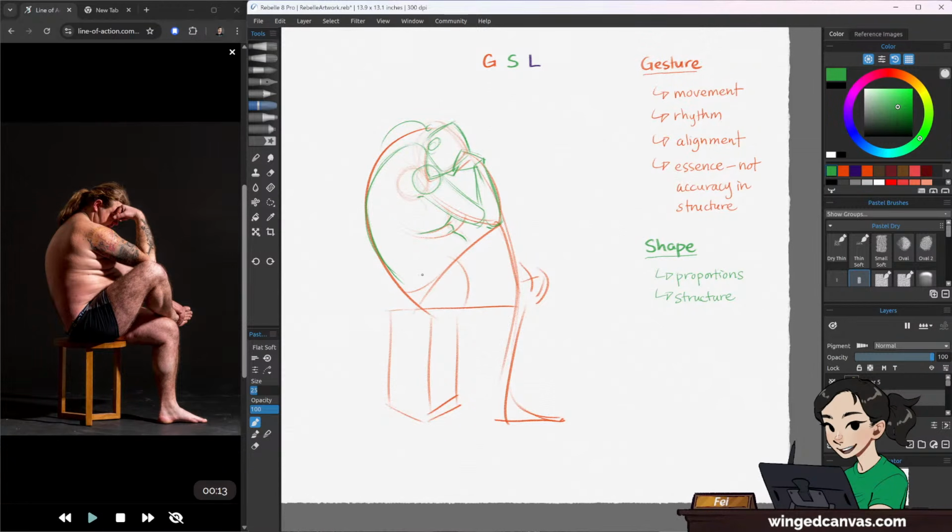Then I'm going to draw in his leg. So his leg is going to overlap the elbow a little bit, right? And I can start to draw in the form of the leg. You can see that it attaches there, but his shorts are showing down at the bottom.